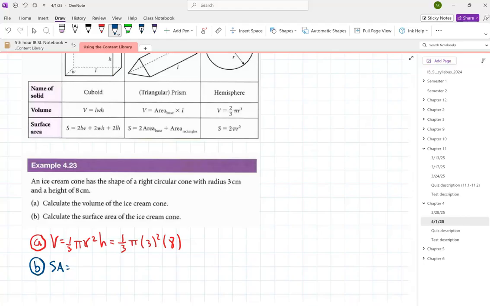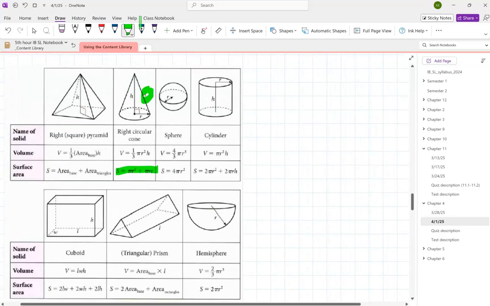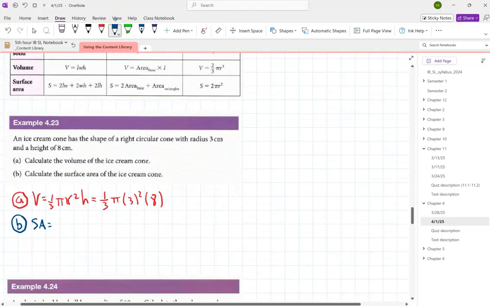And then it asks for the surface area. So I go back to my list. The surface area for my cone is pi r squared plus pi r s. And if I look at my picture, s is the slant height of the cone, so it's like that hypotenuse. So I need to find s.